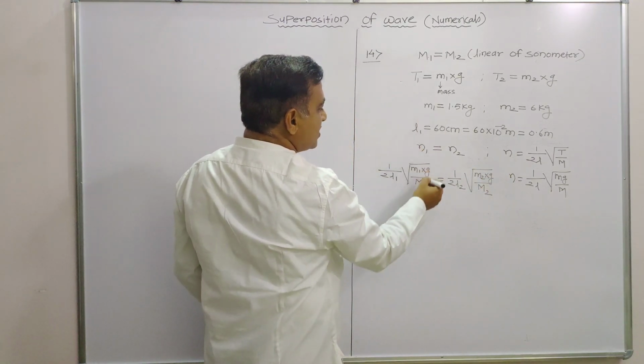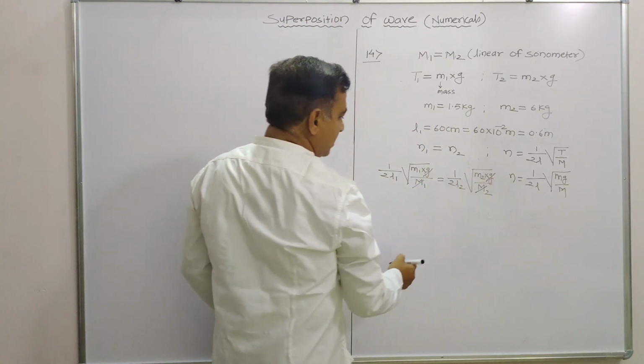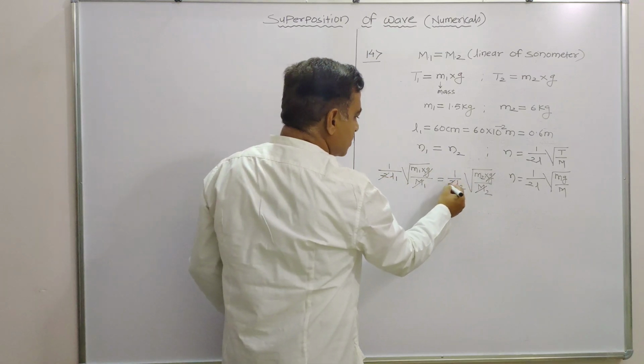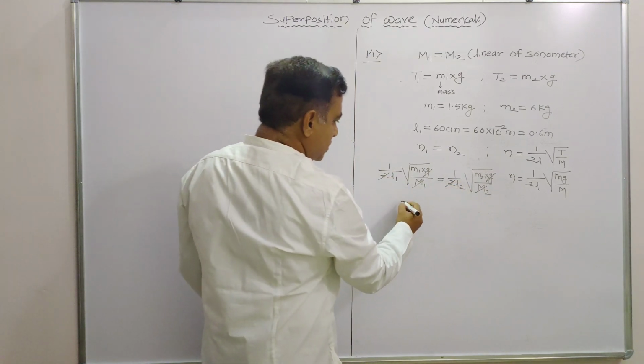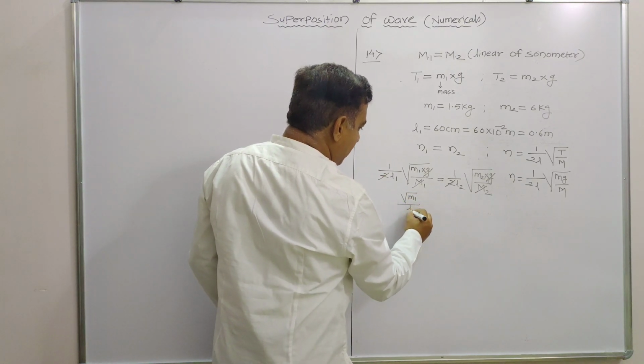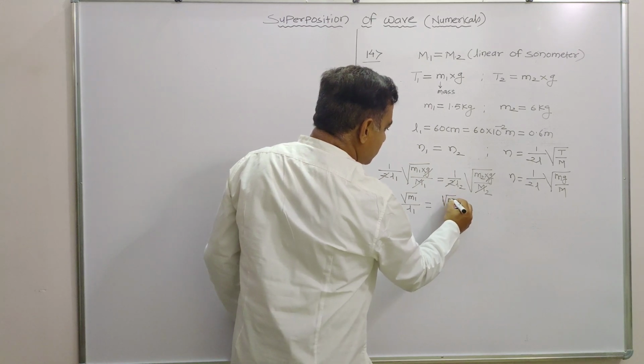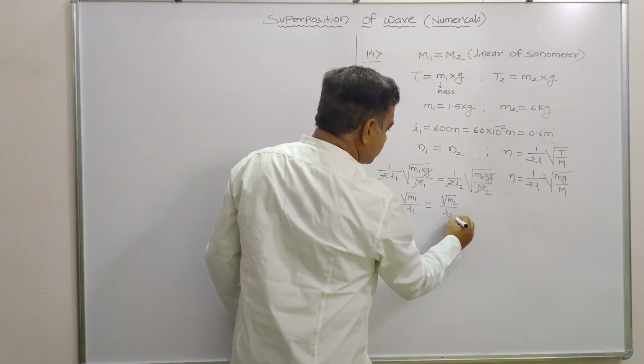Here M1 is equal to M2 so both get cancelled. G cancels with this G. This 2 cancels with this 2. So under root of M1 upon L1 is equal to under root of M2 upon L2.